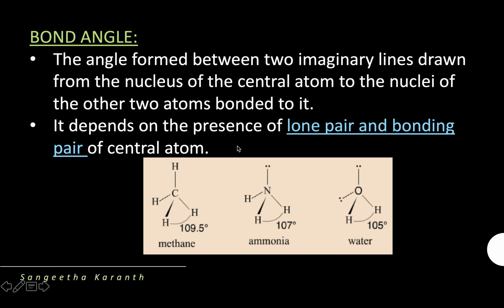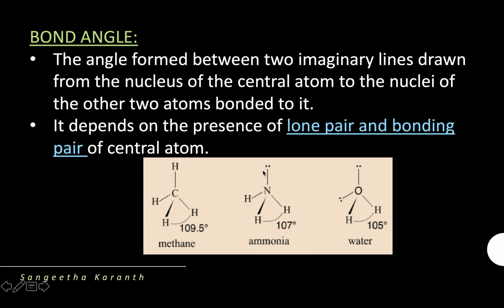Okay. So it depends on the presence of lone pairs and bond pairs around the central atom. Let us take this simple example. Here, methane, we know that in all these three cases it is sp3 hybridization. In methane, all the four are bond pairs, so the bond angle is 109.5.